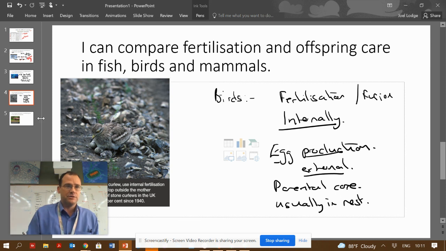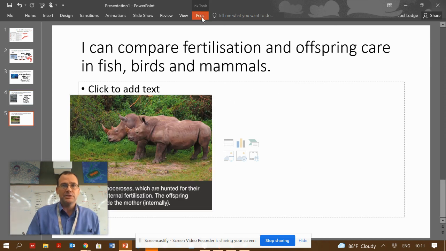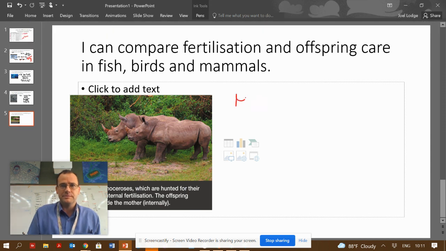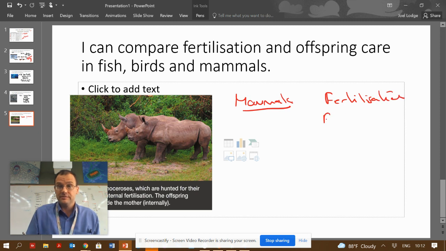Okay, last one, mammals. We're included in that group. In mammals, fertilization or fusion of gametes, or sex cells, occurs internally.